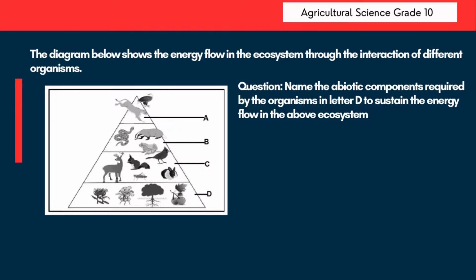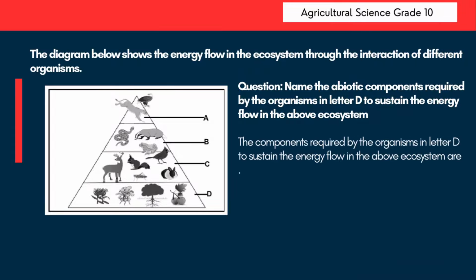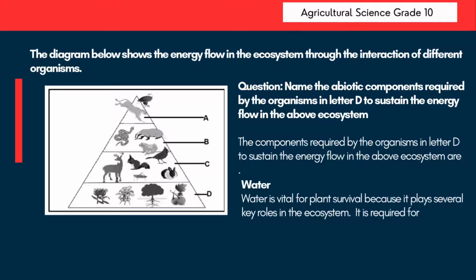Question: name the abiotic components required by the organisms in letter D to sustain the energy flow in the above ecosystem. The components required by the organisms in letter D to sustain the energy flow in the above ecosystem are: 1. Water. Water is vital for plant survival because it plays several key roles in the ecosystem.